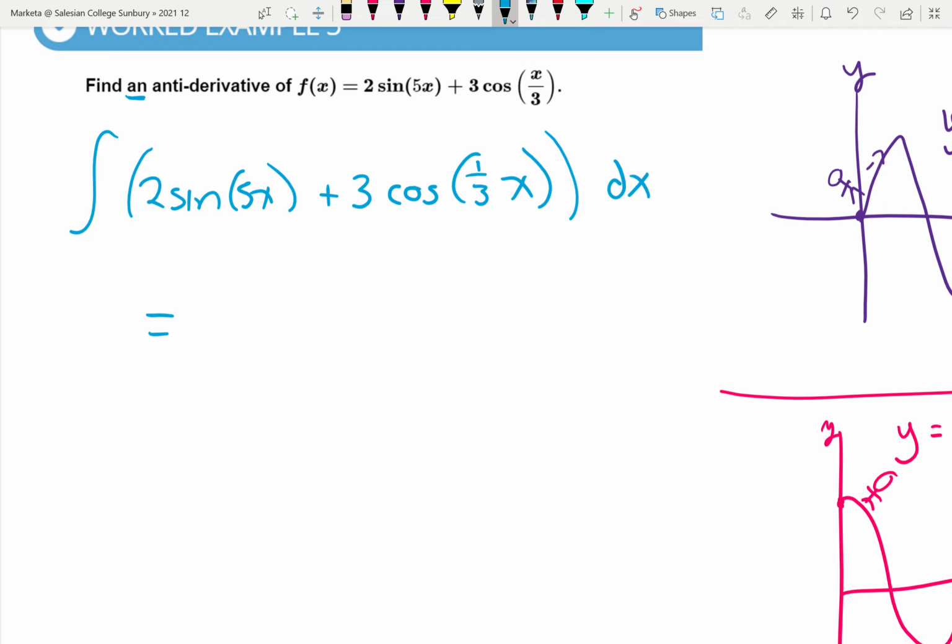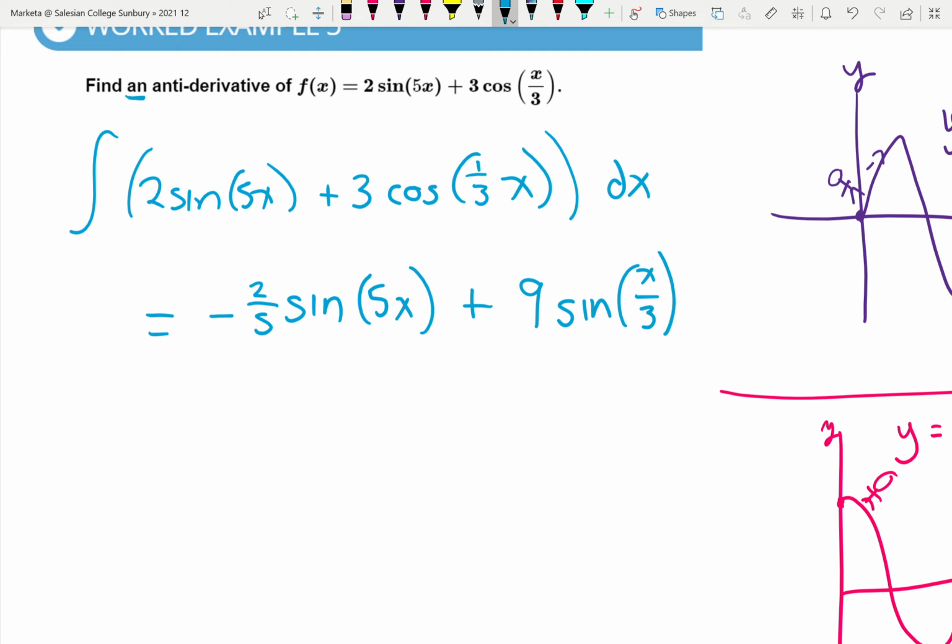Sine goes to negative cos, and of course what's in the brackets stays the same, and then plus 3 divided by, actually times, 3, so it's going to be 9. So we're dividing by 1/3, which is timesing by 3, and cos will go to positive sine, and we don't need the plus c for the reasons I already described. So that's it. Quite straightforward. You just have to remember which way to go with the negatives and positives.